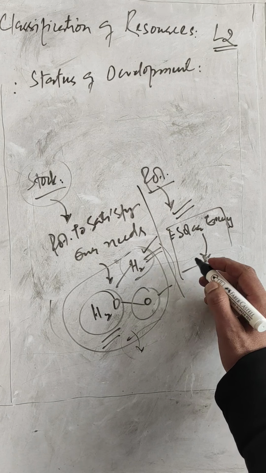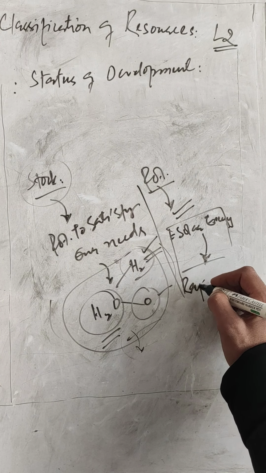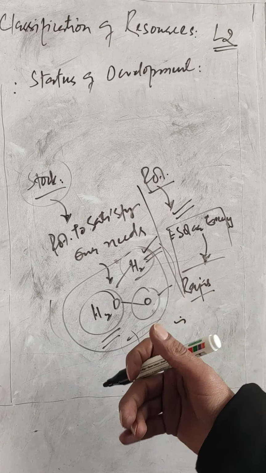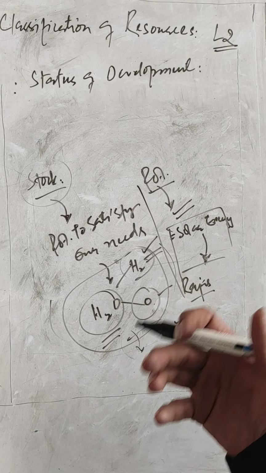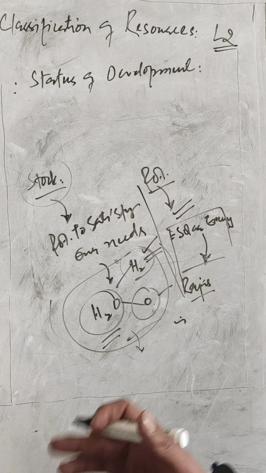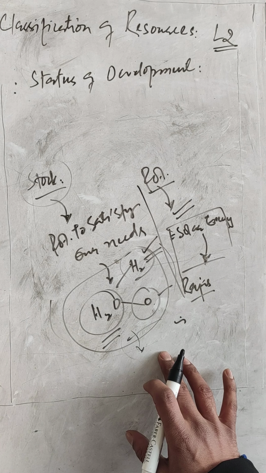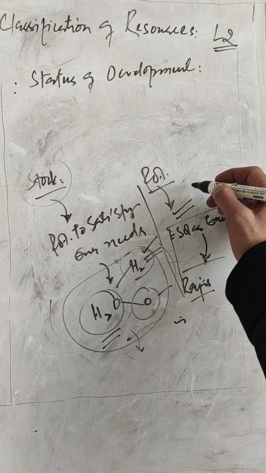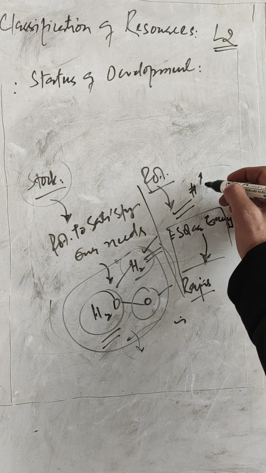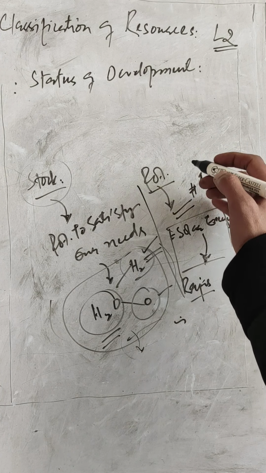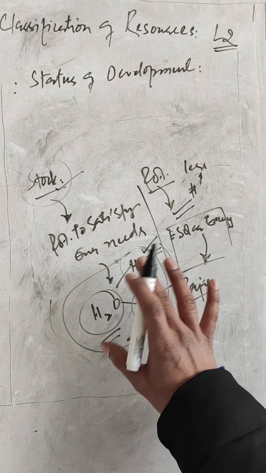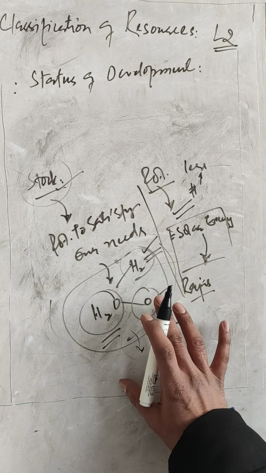For example, in Rajasthan, we have a higher amount of insolation, and therefore we can run a large number of solar panels. But we are not doing that entirely. Therefore, in potential resources, these resources are being utilized, but their concentration of utilization is very less. But in stock, the resources are not being used at all. The barrier is only of technology, right?